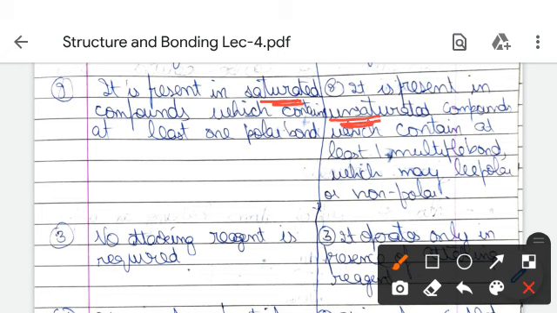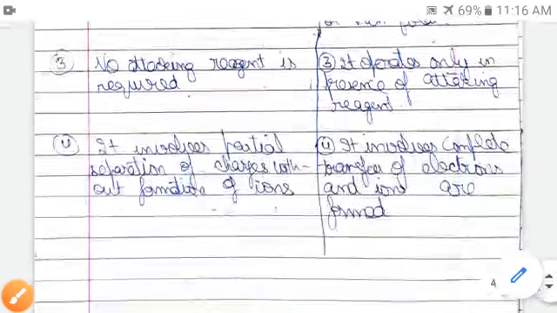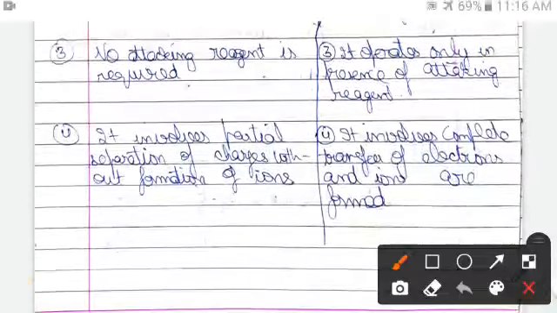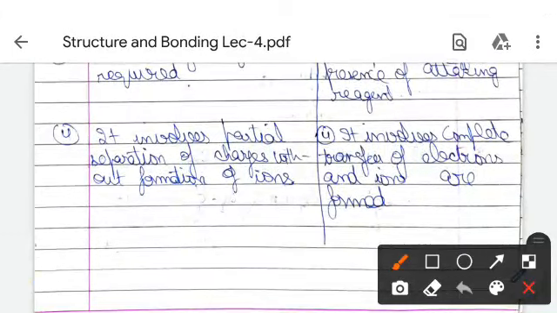In the inductive effect, no attacking reagent is required. In the electromeric effect, an attacking reagent is required. And last, the inductive effect involves partial separation of charges, and in the electromeric effect, complete transfer of electrons takes place. When the attacking reagent is attached, then complete electrons move towards that carbon atom or away from it.